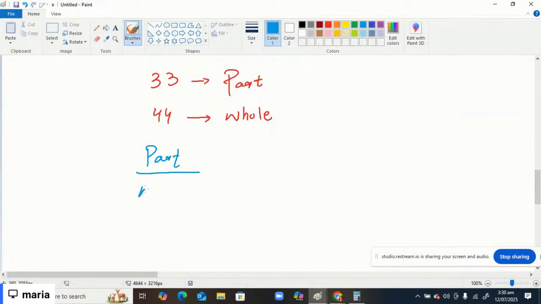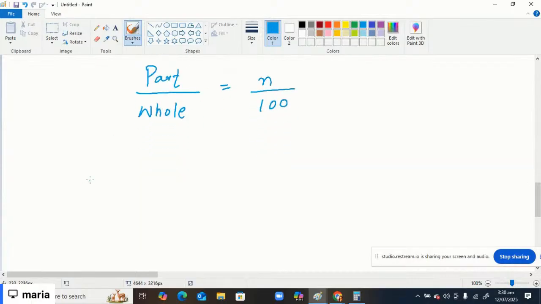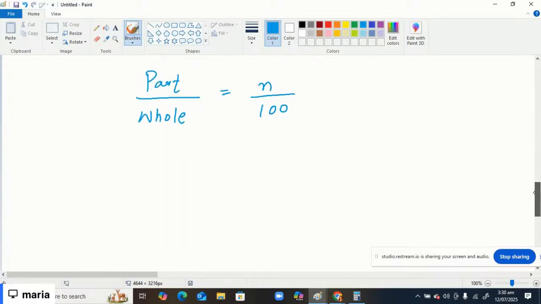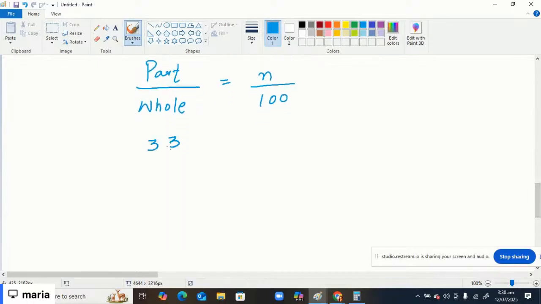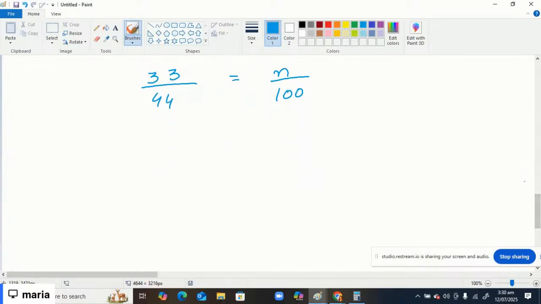Part over whole and over 100. Now your part is 33 over 44. 33 over 44 is equal to n over 100. Just cross multiply: 33 times 100, 44 times n.